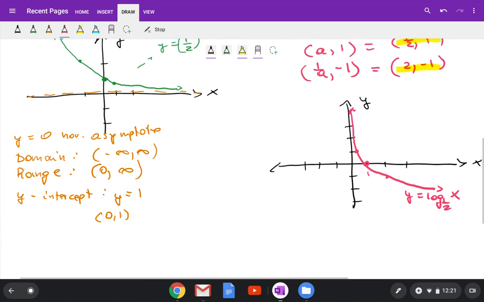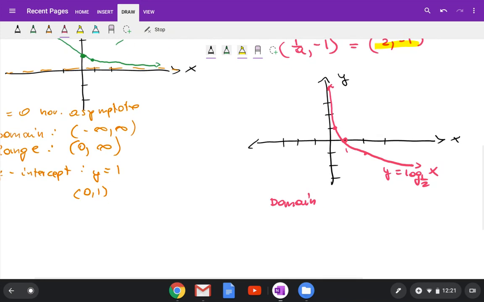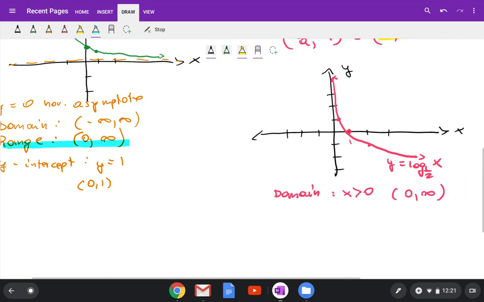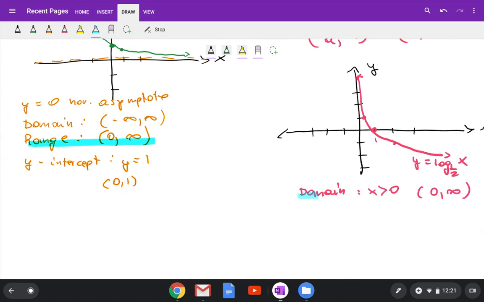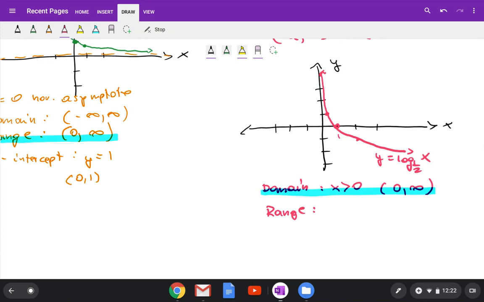Let's write down a couple of things. Domain, that's our x's. Like you see, x is only greater than 0, which means from 0 to infinity. So inverses: the range of the exponential function was from 0 to infinity, so that range became the domain of the inverse. Now range, which is our y values, has no restrictions, from negative infinity to infinity.